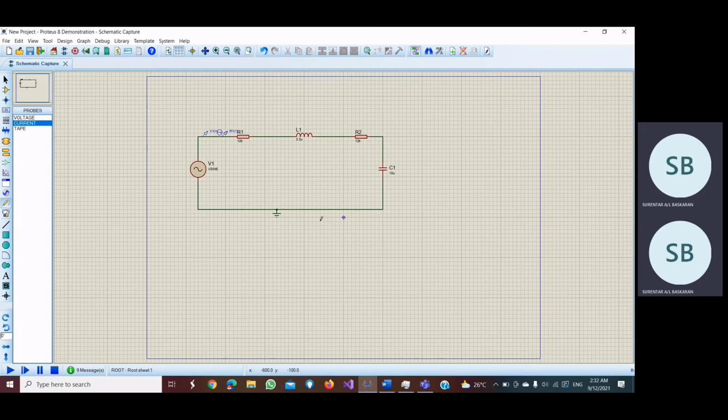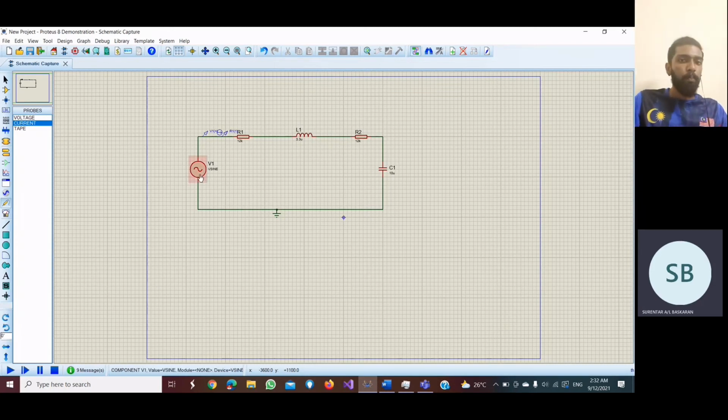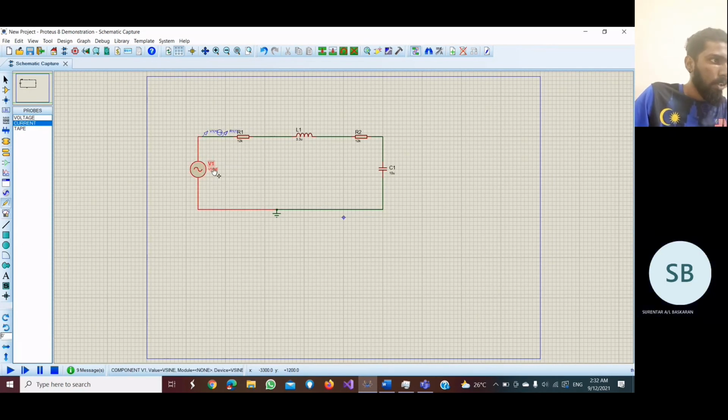Okay, now we need to rename all these components.